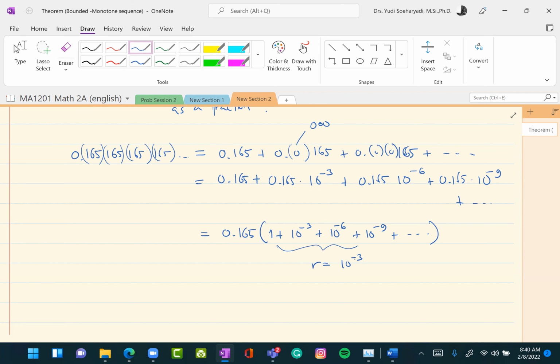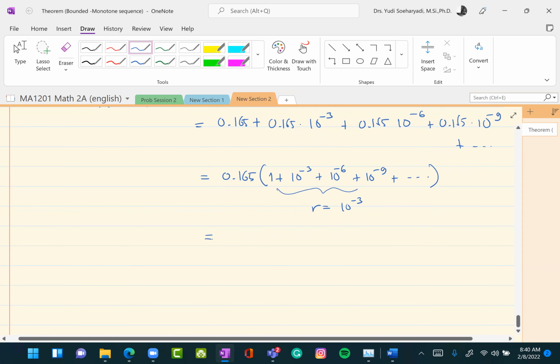So you know the formula for the limit. This goes to 1 over 1 minus, this is the 3, right? So what do you call it? What is this? 0.9.